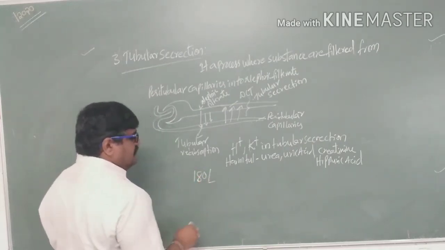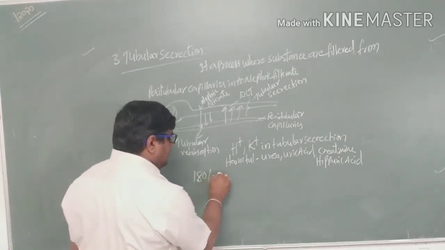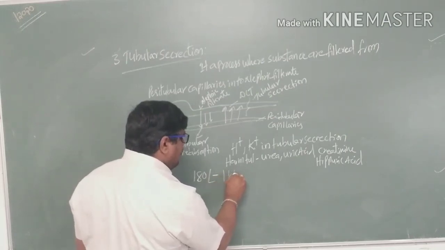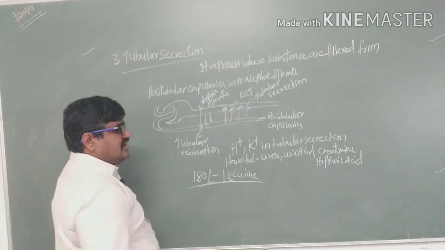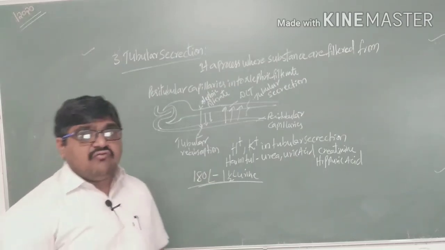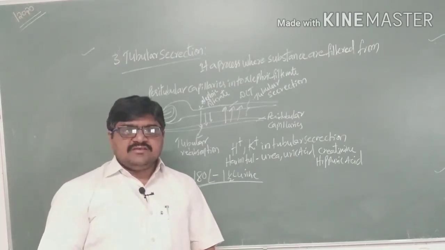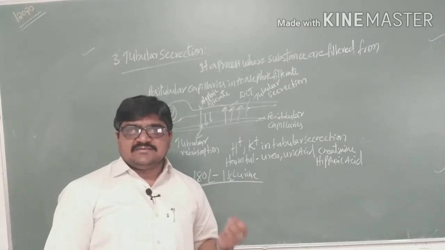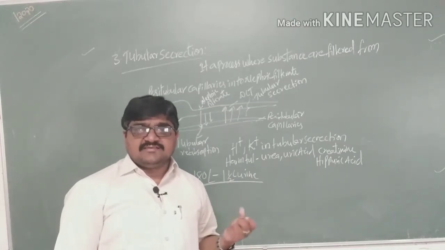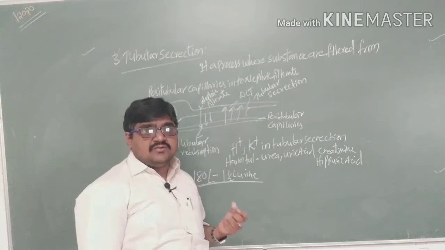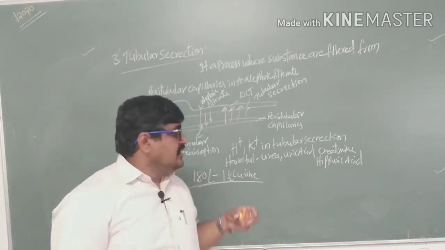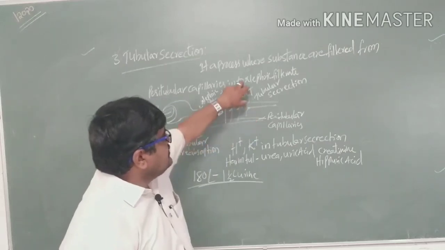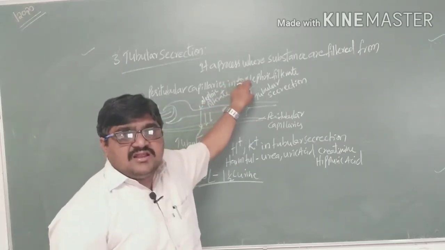At the end of tubular secretion, 180 liters of filtrate is converted into 1.5 liters of urine. So these are the harmful substances. Along with this, toxic substances and drugs which are present are excreted from peritubular capillaries into the DCT, the distal convoluted tubule.